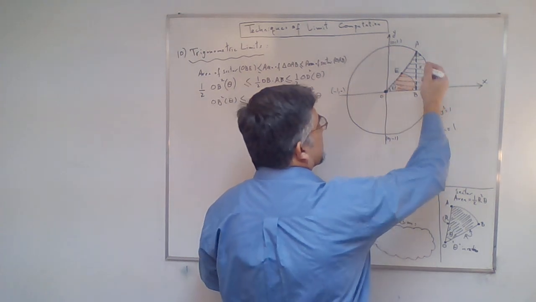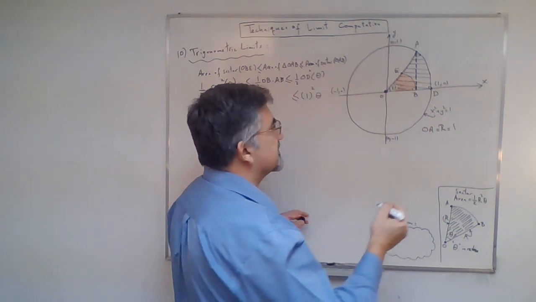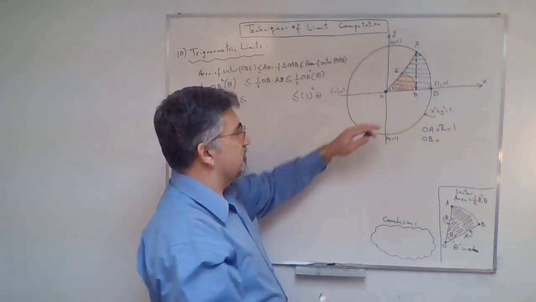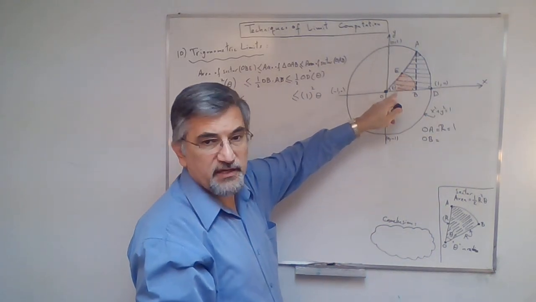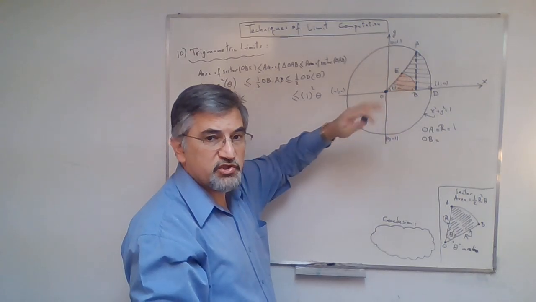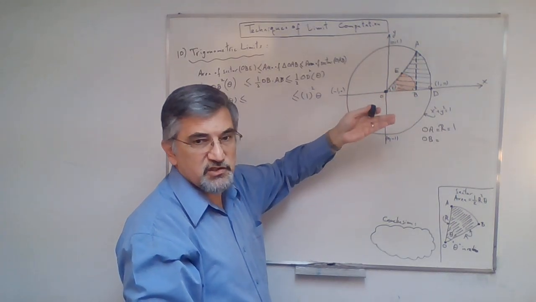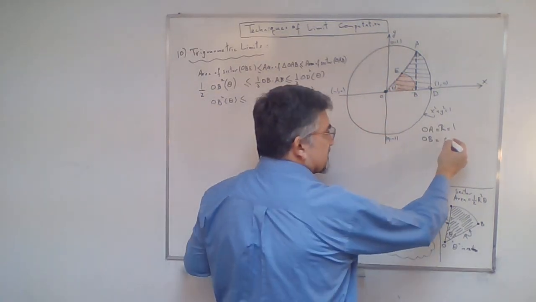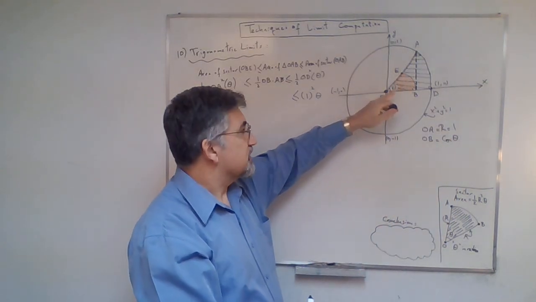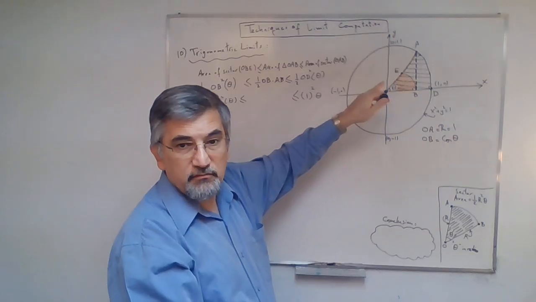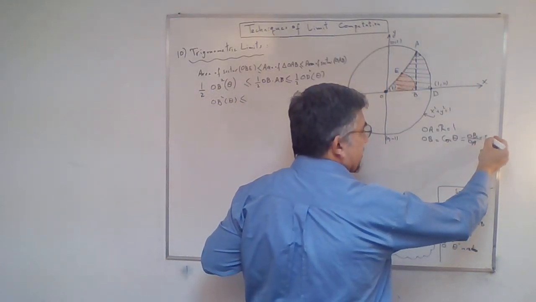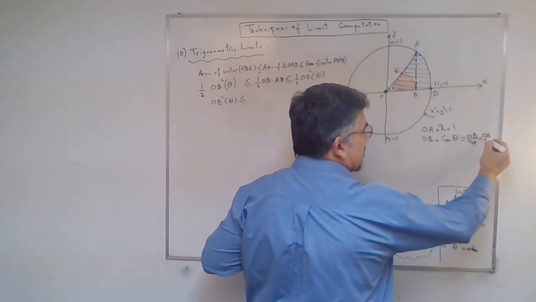And if that is the case, then OB is the adjacent side to angle theta, and because the hypotenuse is 1, adjacent over hypotenuse would be just the adjacent side itself. So that means this is cos of theta, because cosine of theta is basically OB over OA. I can say this is OB over OA, but the thing is that OA is equal to 1.